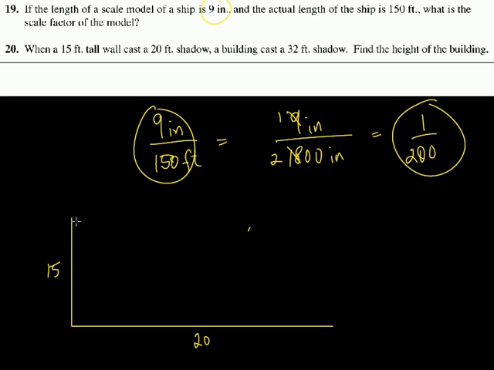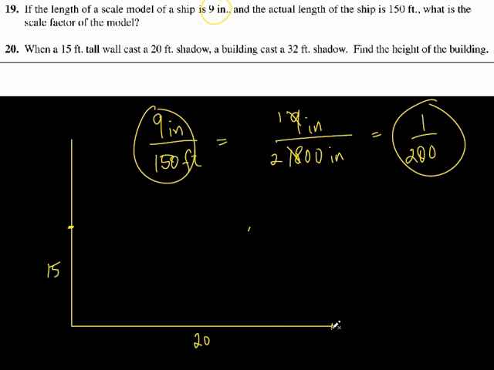But I want to draw the picture. Let's see, 15, 20. Then a building, so it's got to be a taller building, right? Would you agree? It casts a 32. So watch. Taller building, so let's do it like this. Let's say the 15 went to here, and this whole building was 32, and it casts a bigger shadow.